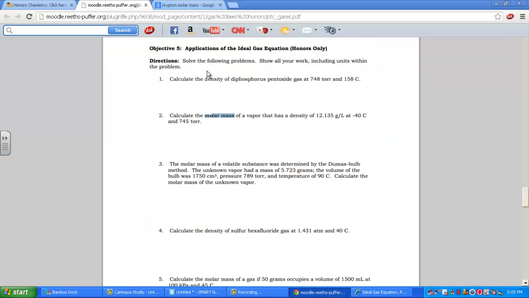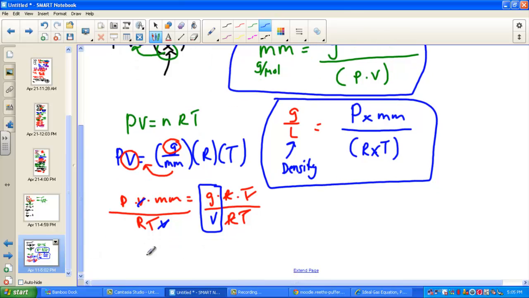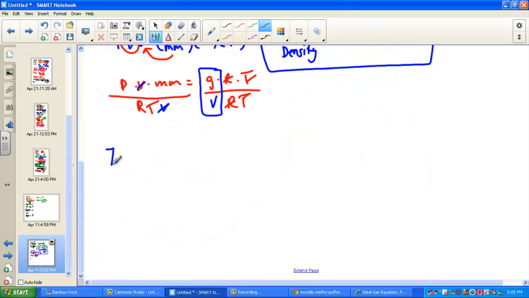Let's do a read-through. Problem 1. Calculate the density of diphosphorus pentoxide at 748 torr and 158 degrees Celsius. Torr is mmHg, millimeters of mercury, on our barometer. Let's go to work. Problem number 1, again Practice Test C, Objective 5.